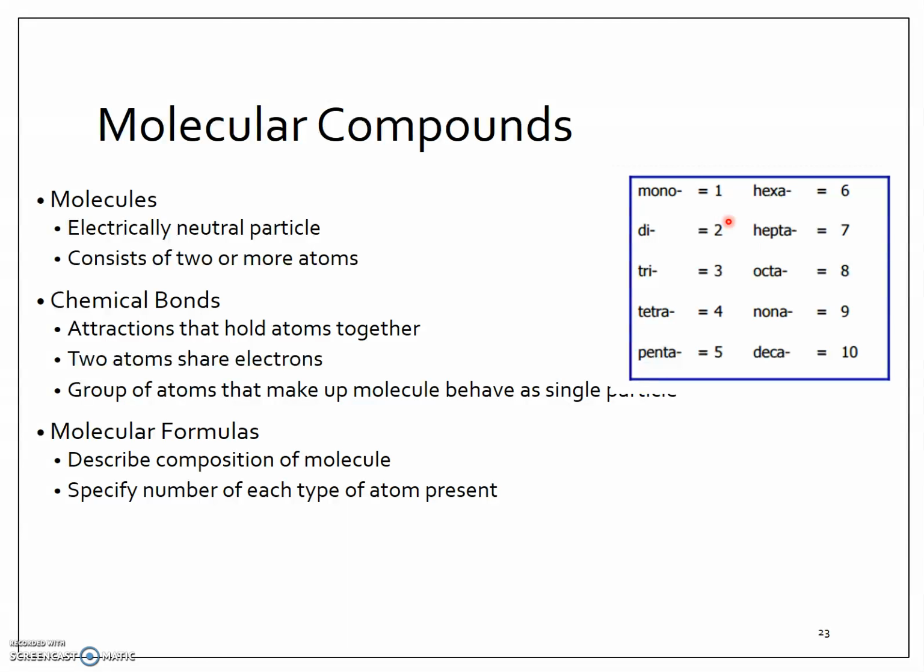For naming, we have our own particular prefixes that, yes, you will have to memorize. Please note that we use di, tri, and tetra, and this is particular to our molecular compounds.